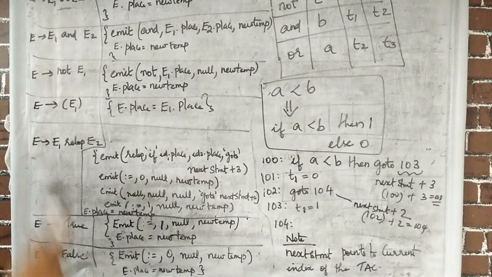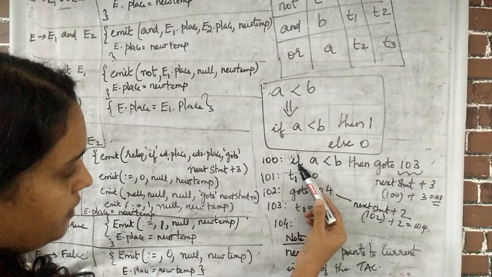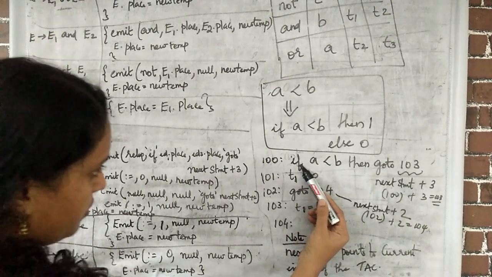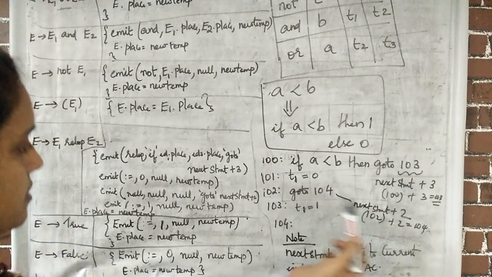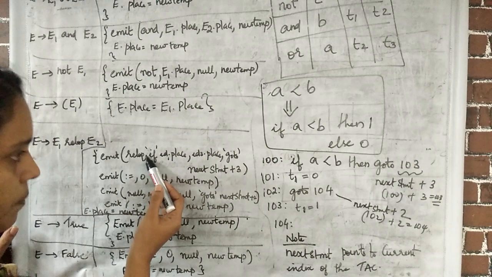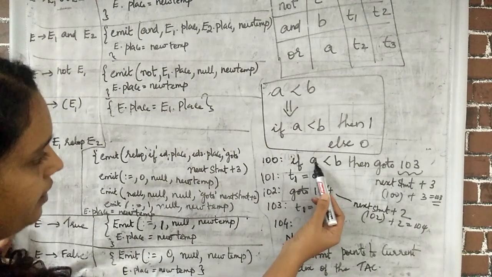So suppose we have a relational expression like this. What we have to do first is consider this one. We have to emit a quadruple, and the operator involved here is a relational operator, so it may be less than, greater than, anything. So the relational operator, that is relop, comma, and we have 'if'.